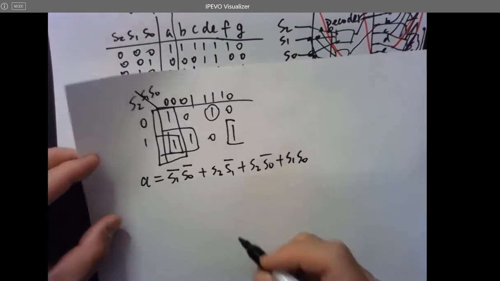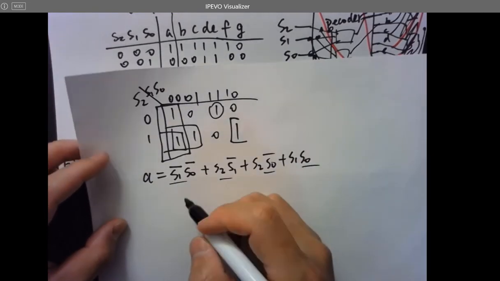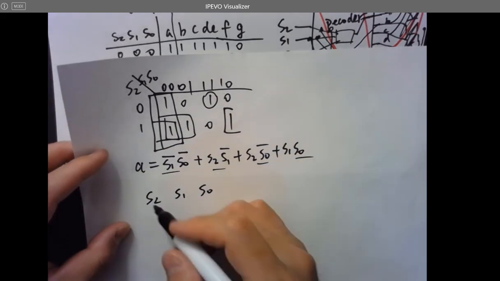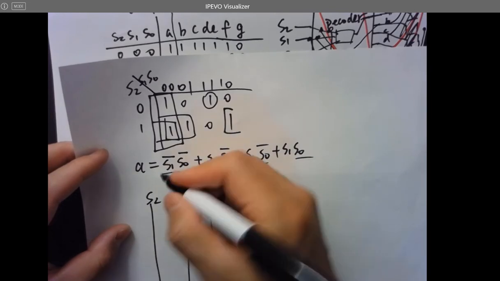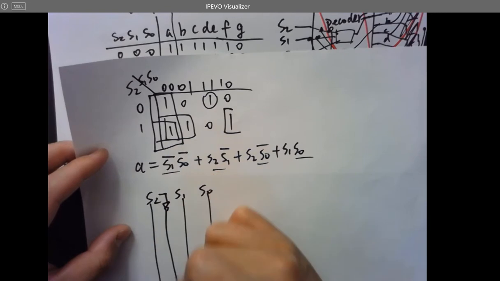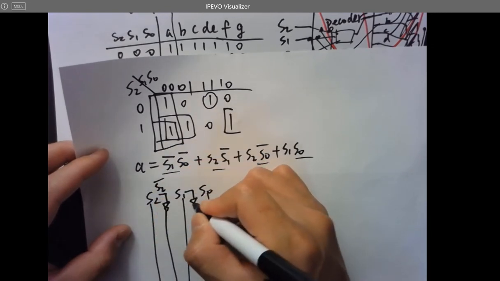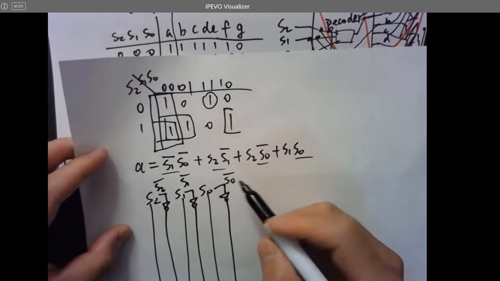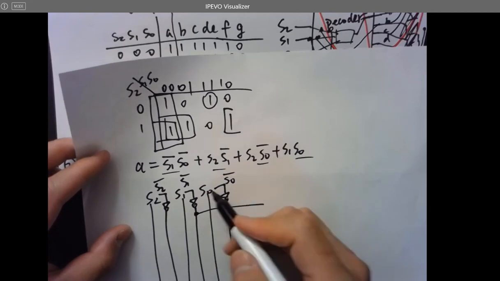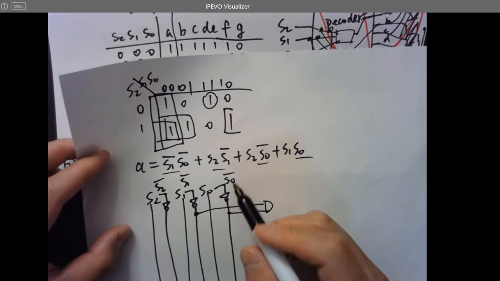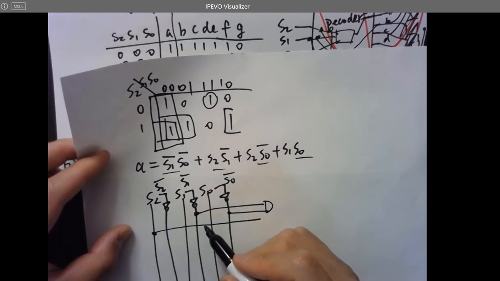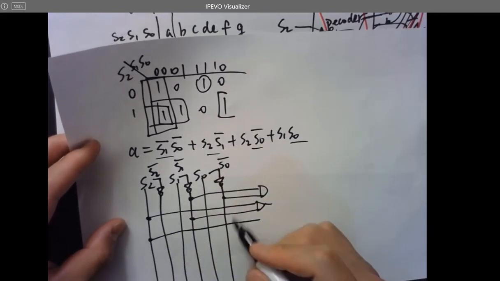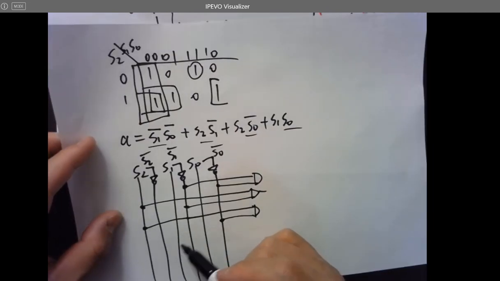So after you know that, so these are the inputs, right? So you know the logic circuit for A will be S1 not, S0 not, S2, S1 not, S2, S0 not, S1, S0.